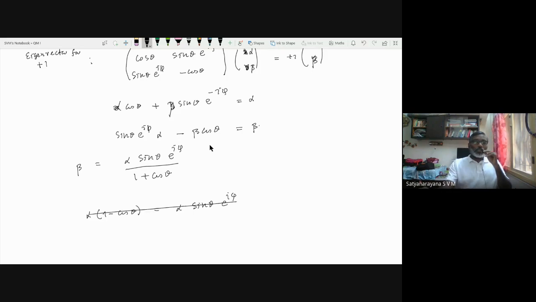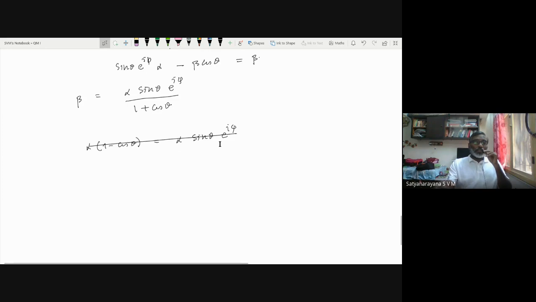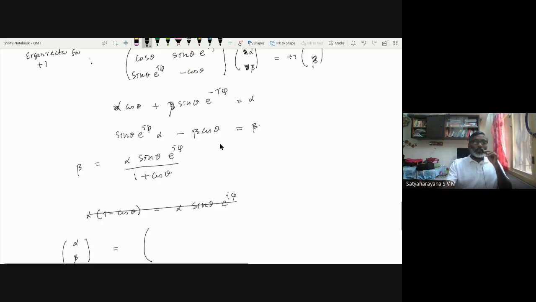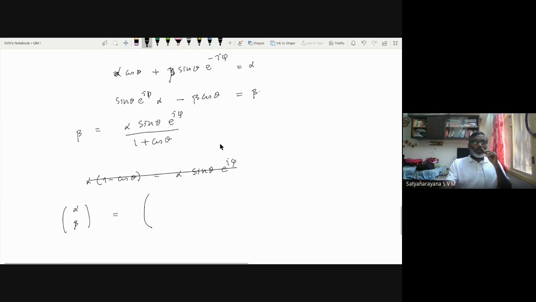Then your alpha beta should be written as alpha into alpha sin theta e to the power i phi by 1 plus cos theta.